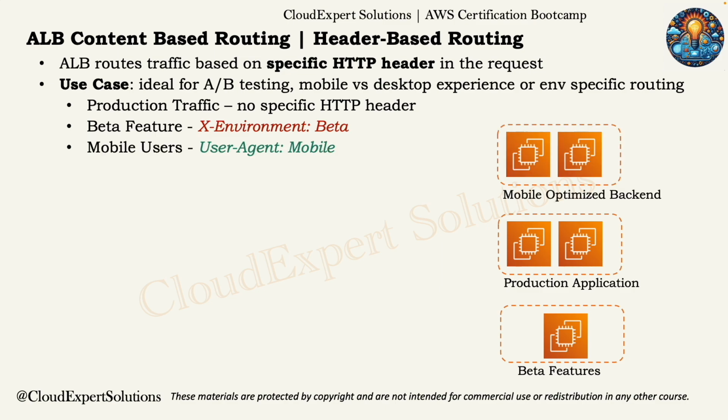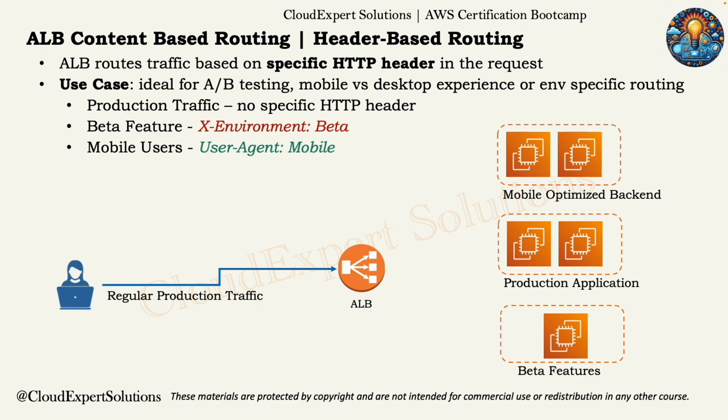And you also have mobile users in your application, and to improve the user experience, mobile optimized pages are deployed to a separate target group. Now mobile traffic will use user agent equal to mobile as the HTTP header, and you have deployed an application load balancer in front of all these target groups.